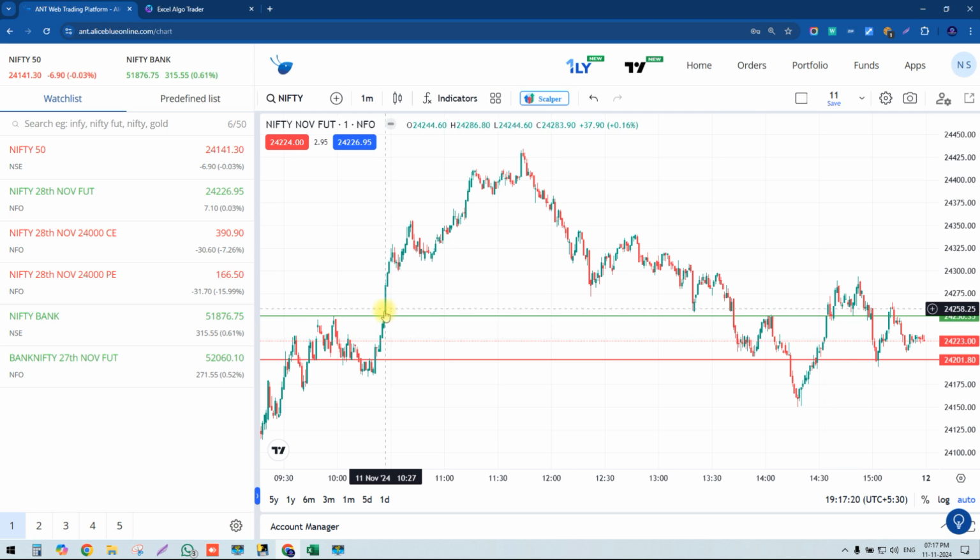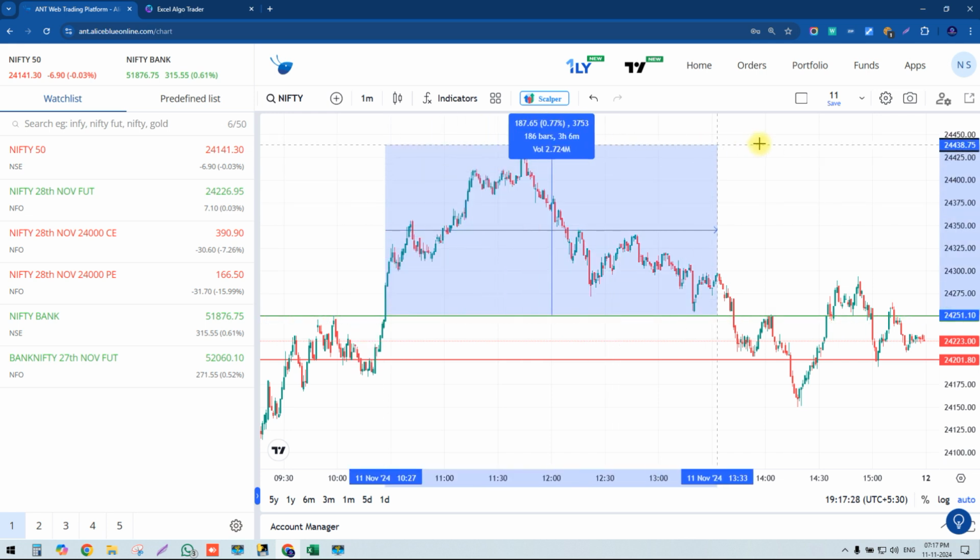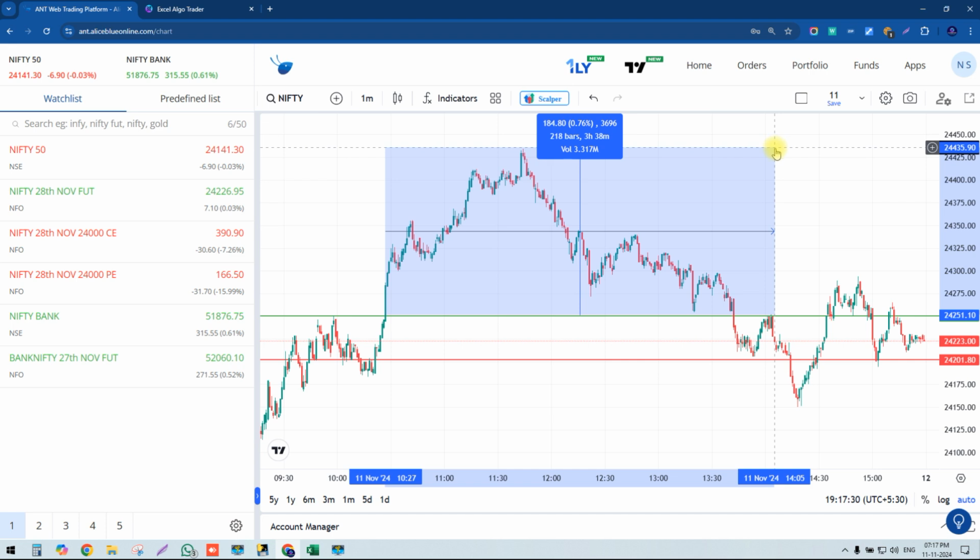Exactly at the time of 10:27, the buy was generated here, and the market went up to 24,435. This is where our breakout strategy buy level was given, and the market went up 184 points. Okay guys, this is how our breakout strategy works automatically. Everything is done automatically.